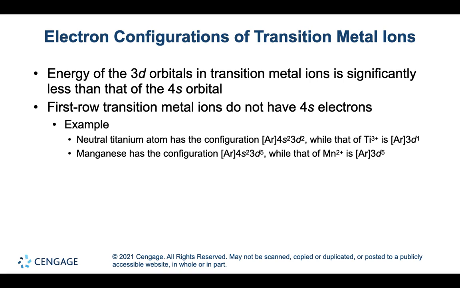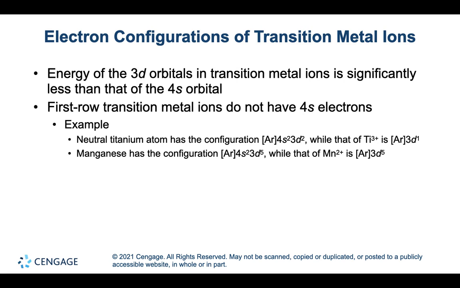And so what we're seeing with the first row transition metal ions is when they form ions, they're going to lose their 2 4s electrons and then possibly also some of the 3d electrons. So for example, neutral titanium is 4s2 3d2, but one of the typical cations for titanium is titanium plus 3.